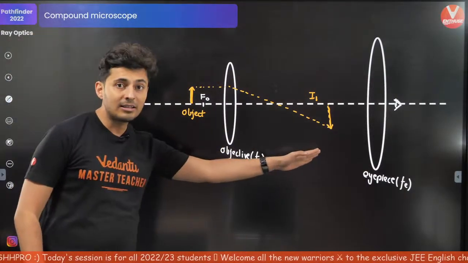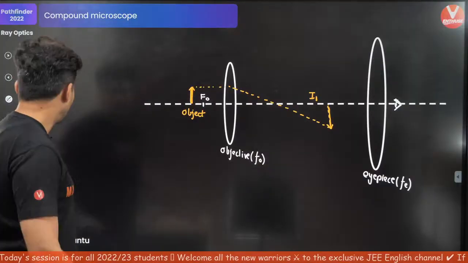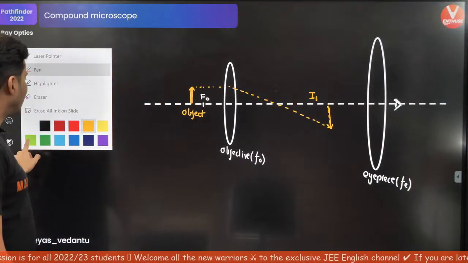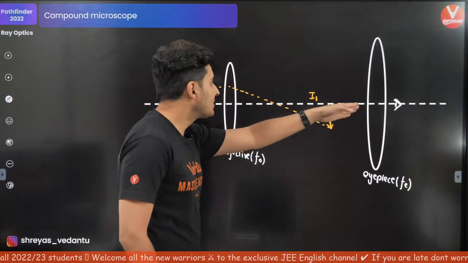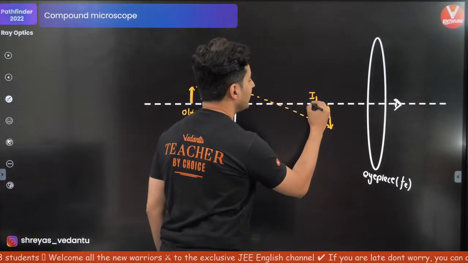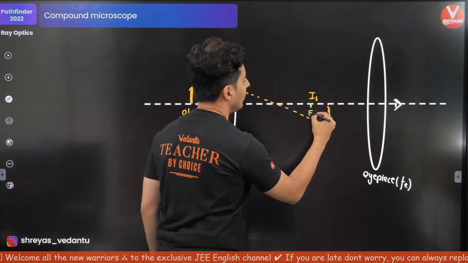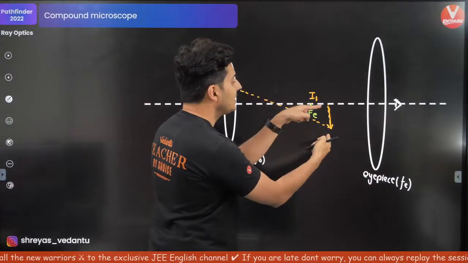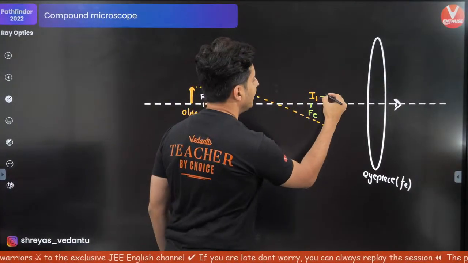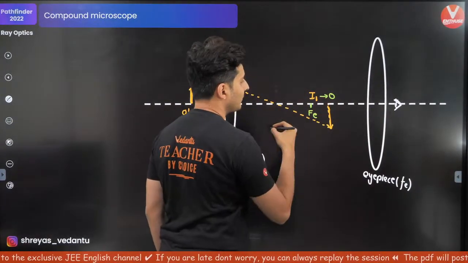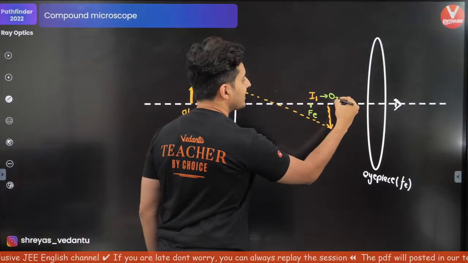But you cannot see a real image. So what you do is make sure that image is within the focal point of the eyepiece. That means this image will now act like the object for the second lens.